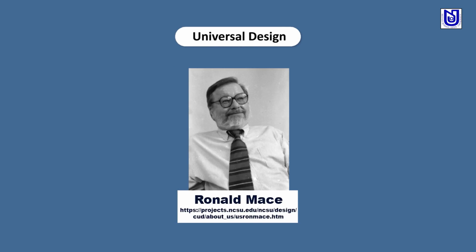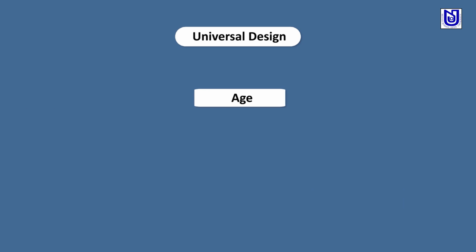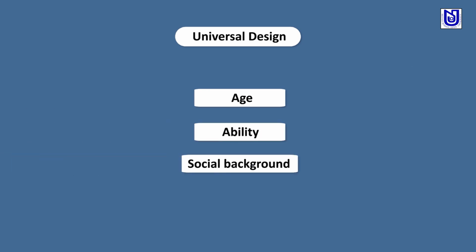in 1985 to express the notion of creating all products and the built environment to be as aesthetically pleasing and accessible as possible by everyone, regardless of their age, ability, or social background.